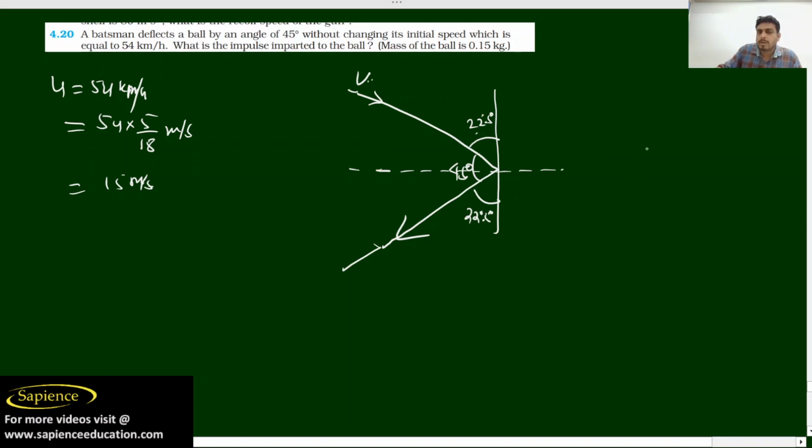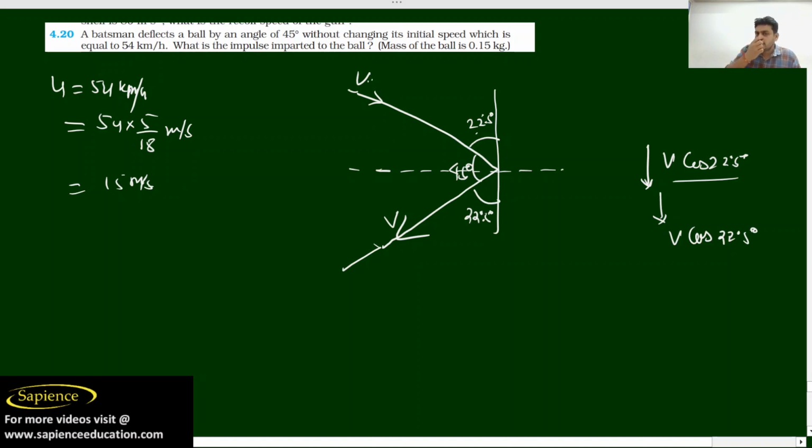It has two components. In the downward direction, the component is v cos 22.5 degrees, and the final velocity, with the same speed, also has a downward component equal to v cos 22.5 degrees.